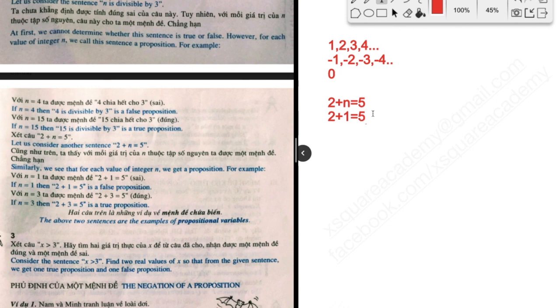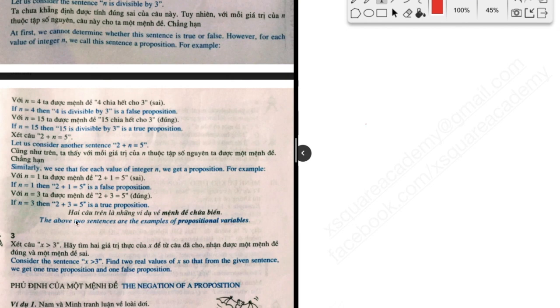And if n equals 3, then we have 2 plus 3 equals 5, and this is a true proposition. Quite easy. 2 plus 3 equals 5. It is true.